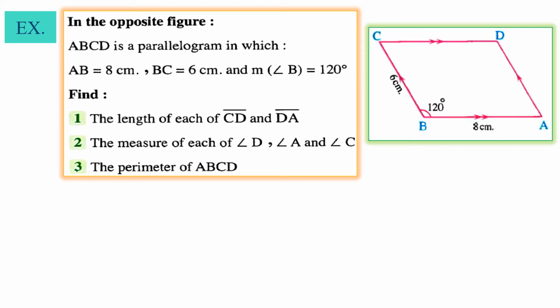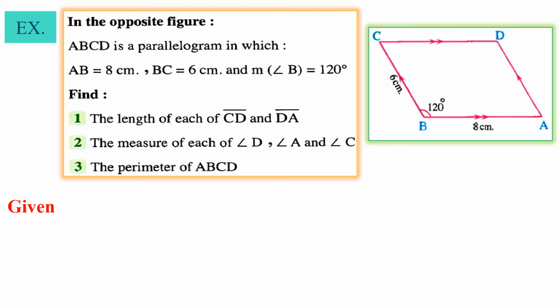Example, in the opposite figure, ABCD is a parallelogram in which AB equals 8, BC equals 6 cm and measure of angle B equals 120. Find number 1, the length of each of CD and DA, number 2, the measure of each angle D, angle A and angle C, number 3, the perimeter of the figure ABCD.